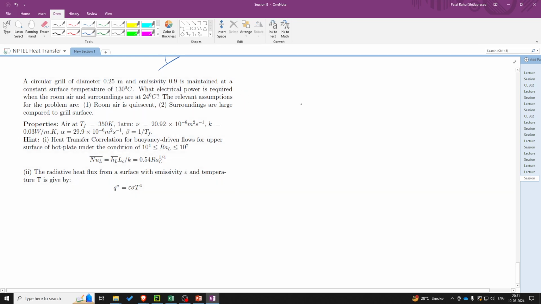So Q we have been asked to find, and it will be the summation of Q convection plus Q radiation.